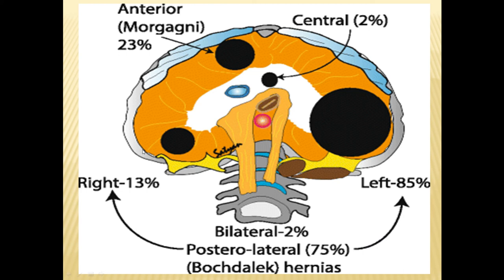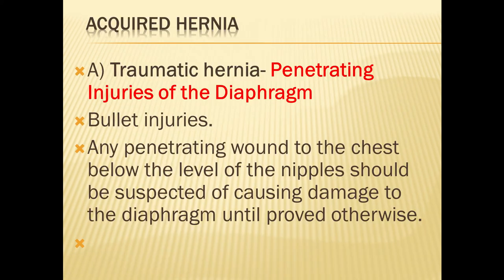So this is a list of congenital diaphragmatic hernias. Then there can be acquired hernias also, which can be due to trauma, like penetrating injuries of the diaphragm, for example by a bullet. Any penetrating wound to the chest below the level of the nipples should be suspected of causing damage to the diaphragm until proven otherwise.